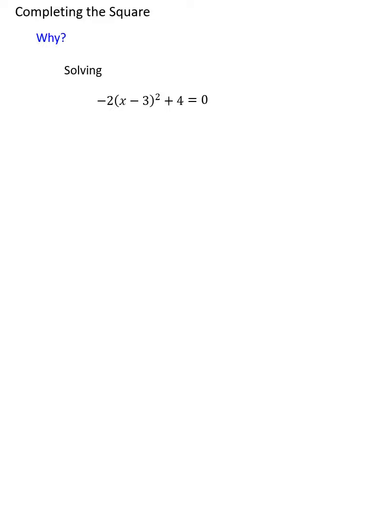So I'm going to use a trick here called isolating the square. What I'm going to do is subtract 4 from both sides, and then divide by the lead coefficient of -2. Simplifying the right gives me the isolated square on one side of the equation and a number on the other.